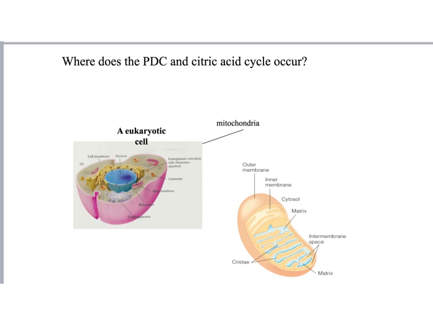Okay, so where do these occur? In a eukaryotic cell, these both occur in the mitochondrial matrix. So here's a eukaryote. You know it's a eukaryote because it has a true nucleus, and there's a whole bunch of other organelles. This little pink one right here is the same as that.